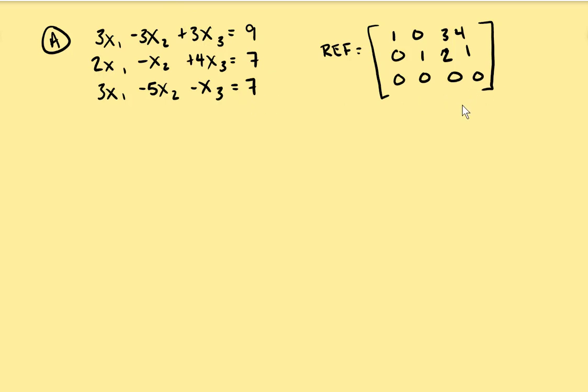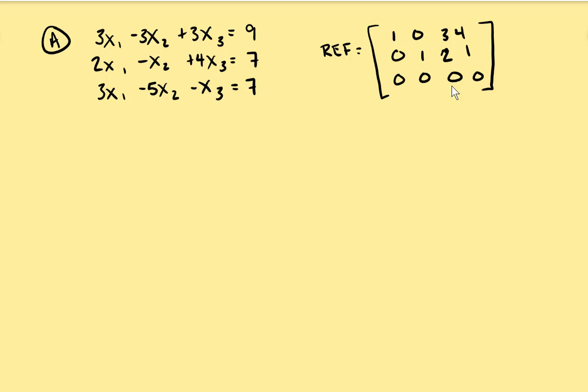Let's follow the steps we were asked to follow. First, give the REF of the coefficient matrix. Keep in mind, the coefficient matrix's reduced form is just what you get in these first three columns. That last column just comes from the constant column.